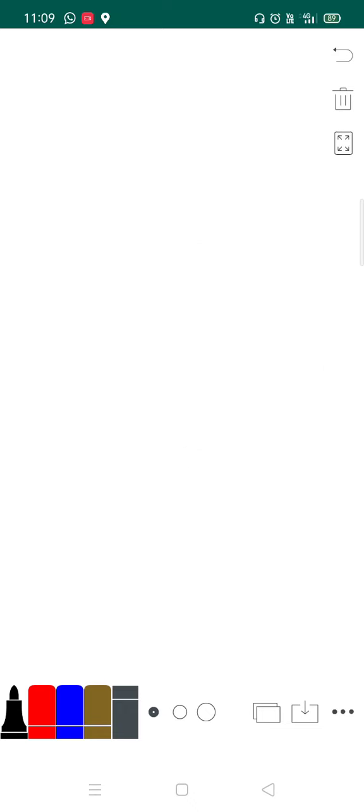A unijunction transistor has three terminals: one is the emitter and the other two are bases B1 and B2. It has P-type and N-type material, but the emitter is close to base B2. When we connect an external source between bases B1 and B2 and the emitter is open, it acts as reverse biased, so there is no flow of current from B2 to B1.